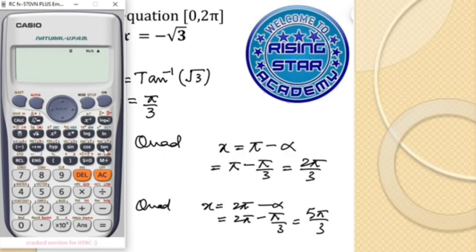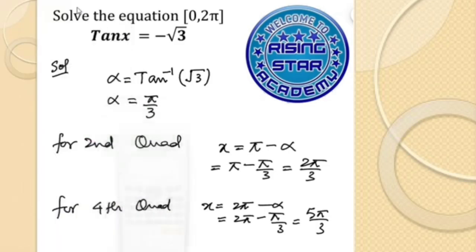And then I will check tan of 5 pi over 3. That is also negative square root of 3. So that's all.